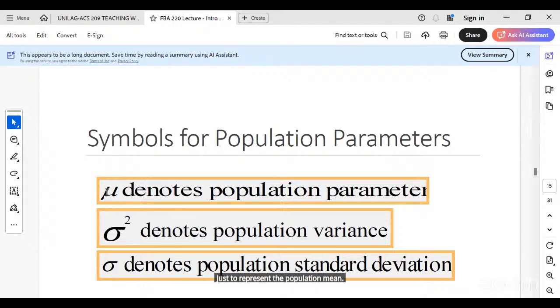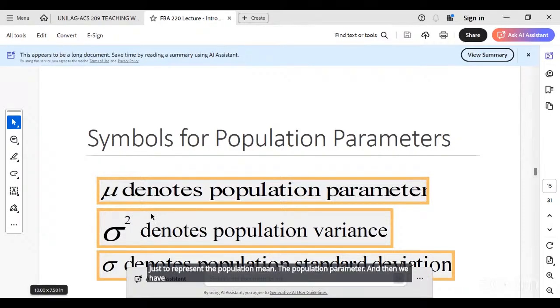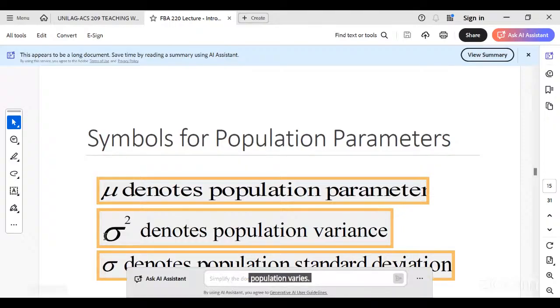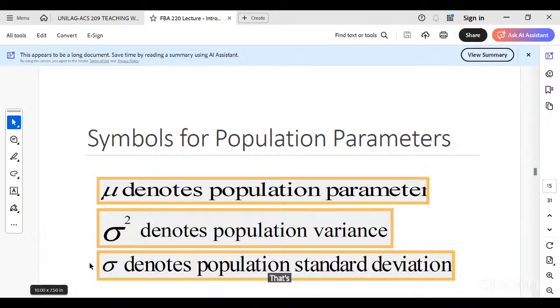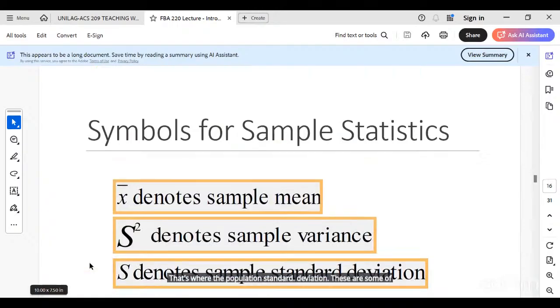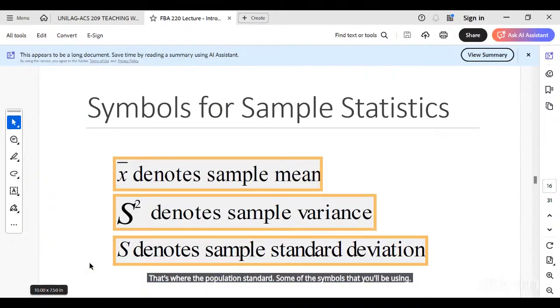It's a population parameter. And then we have sigma. When you square it, it becomes sigma squared. We usually use it to represent population variance. Of course, when you find the square root, that will be the population standard deviation. These are some of the symbols that you'll be using, and we should get used to them. X bar. X bar. Can you see it?